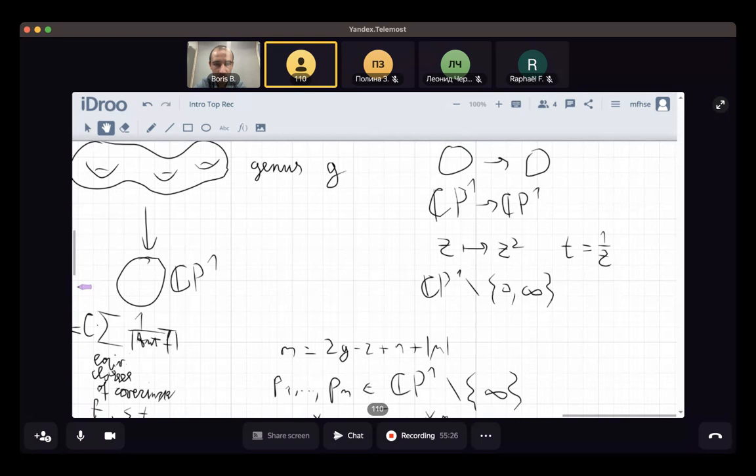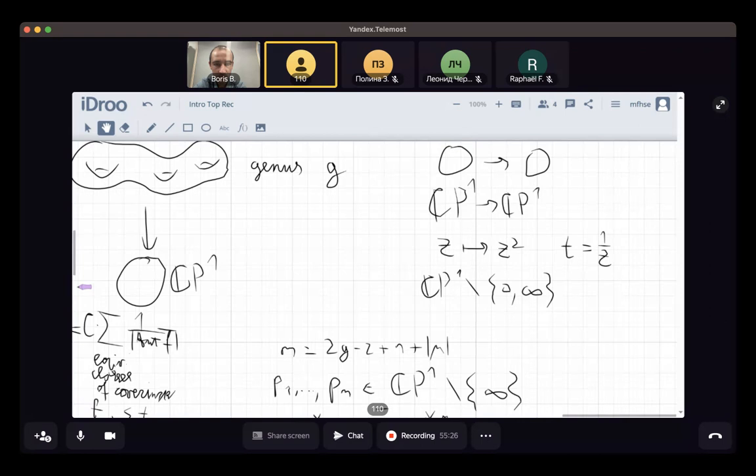Okay? And if we consider F of A of Z, what will it be? Z squared, which is precisely the same as F of Z. So indeed, this is an automorphism.